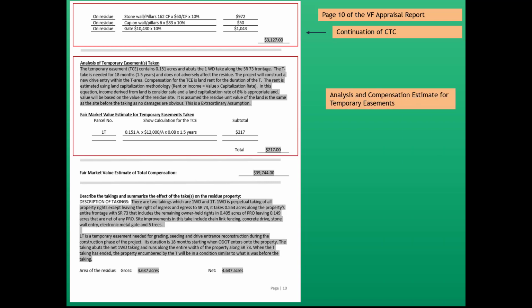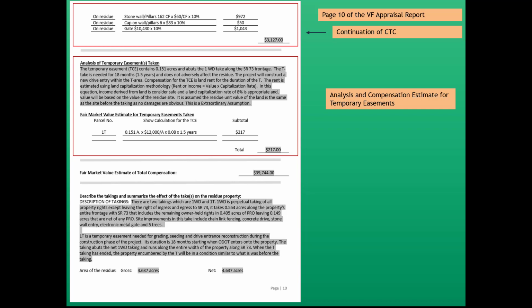What follows then is the estimate for land rent for 1.5 years. The analysis, 0.151 acres taken times the unit value of the residue at $12,000 an acre times the land capitalization rate of 0.08. Just that portion of the equation gives us a land rent for 12 months, but in this case it's 1.5 years or 18 months.